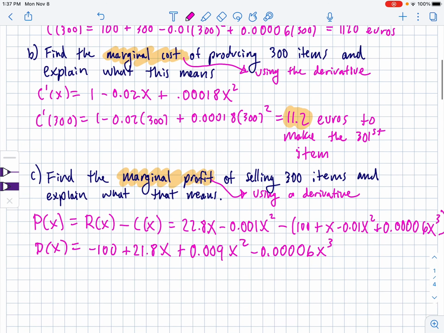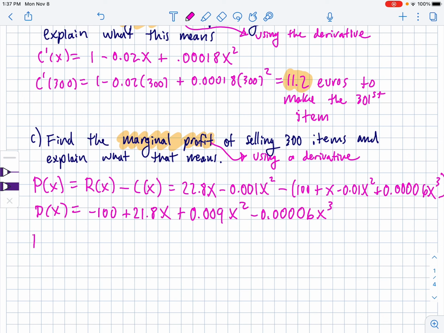Now the derivative of the profit equation: we don't care about that negative 100. This would just be 21.8 plus 0.018x minus 0.00018x squared.